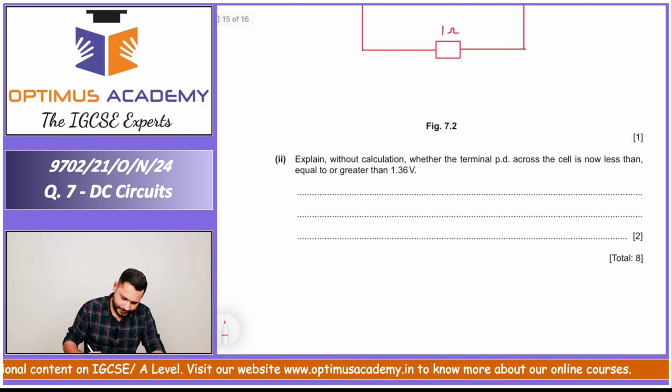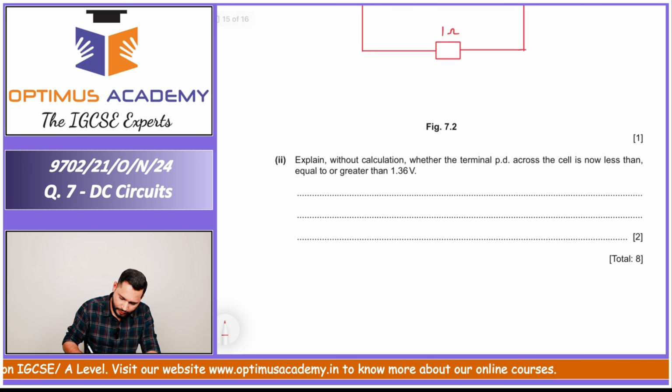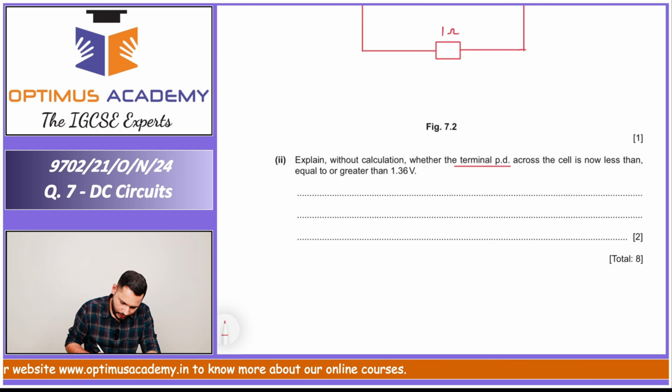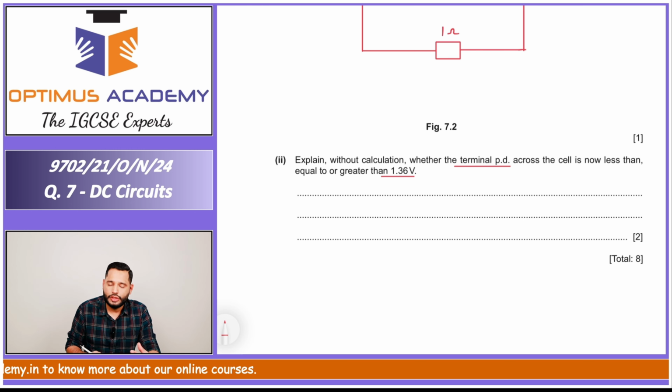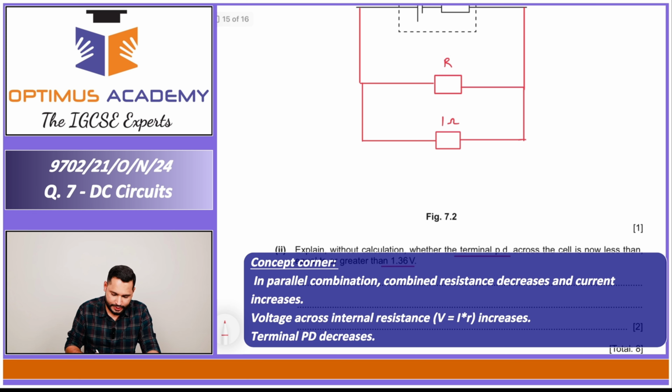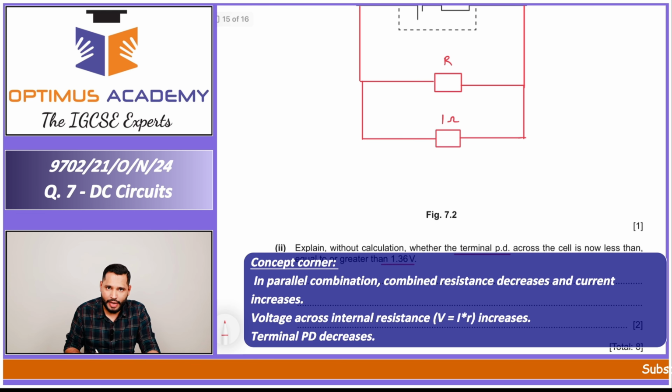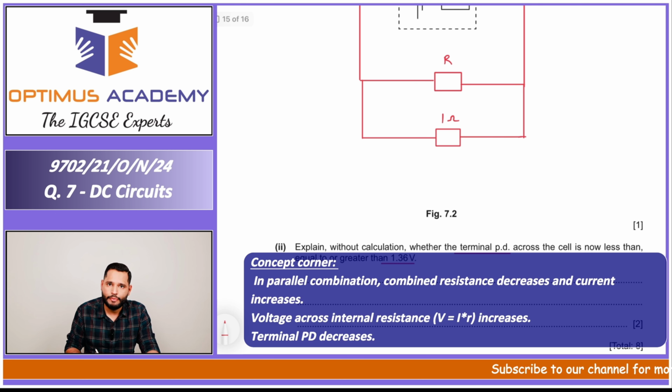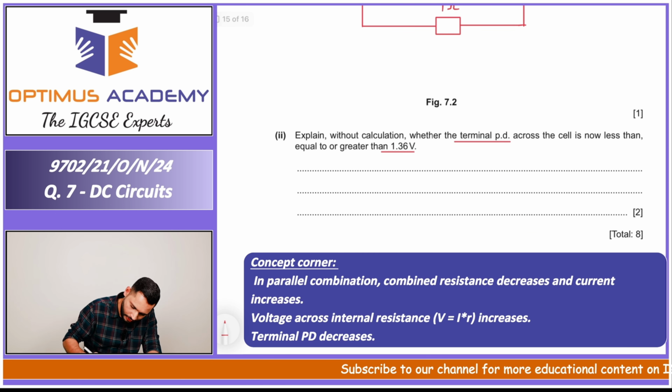Okay. Next, explain without calculation whether the terminal PD across the cell is now less than, equal to, or greater than 1.36 volt. So if the resistors are connected in parallel, the external resistors 1 and R, they are connected in parallel, the total resistance of the external circuit decreases, because of which the current increases. So first we will write about that.